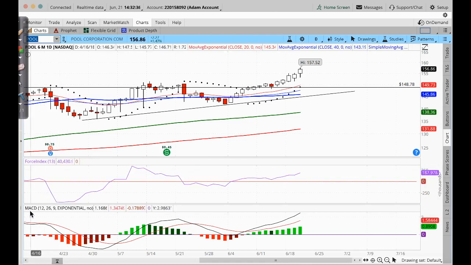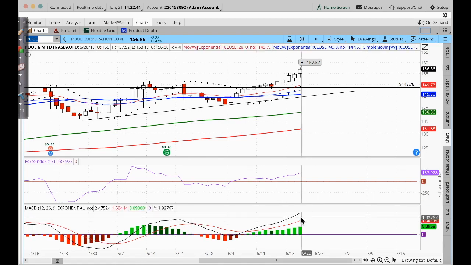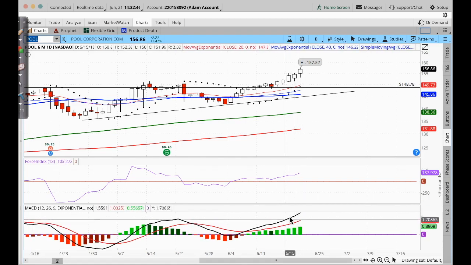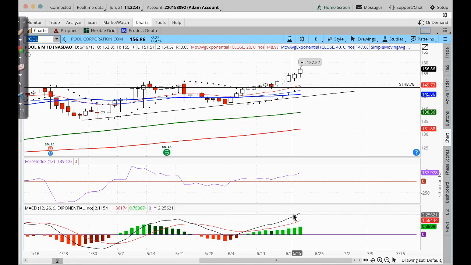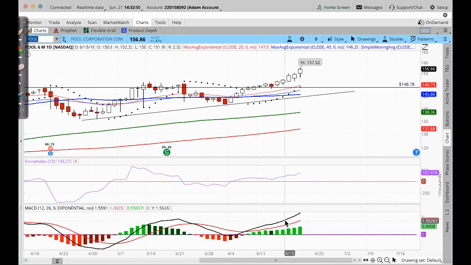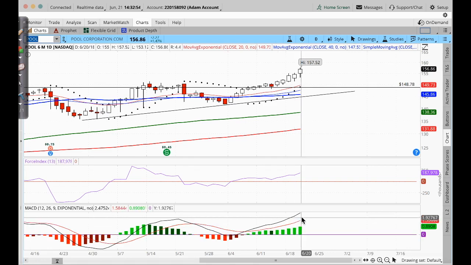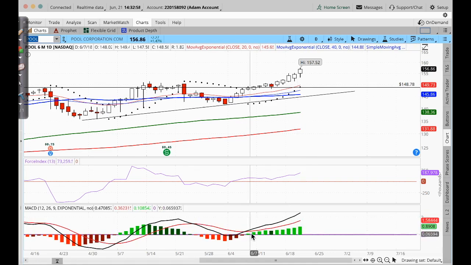Now, MACD is moving average convergence divergence. Don't worry too much about the mathematics and the name, it's how you use it, right? So basically, you see this black line and this red line. Okay, so this black line is the MACD line, and the red line is called the signal line. Now, when the black line is above the red line, you see these green bars.